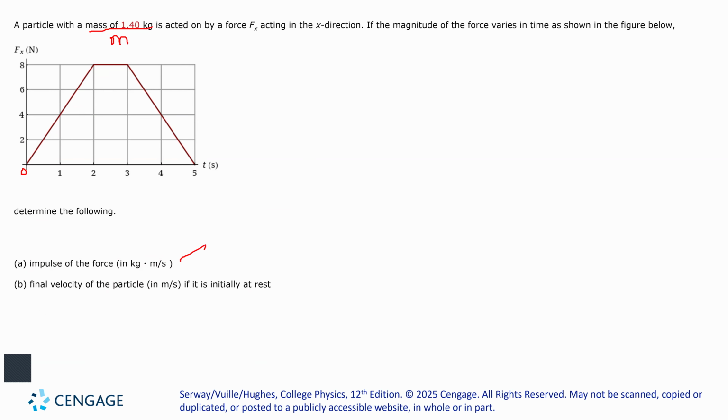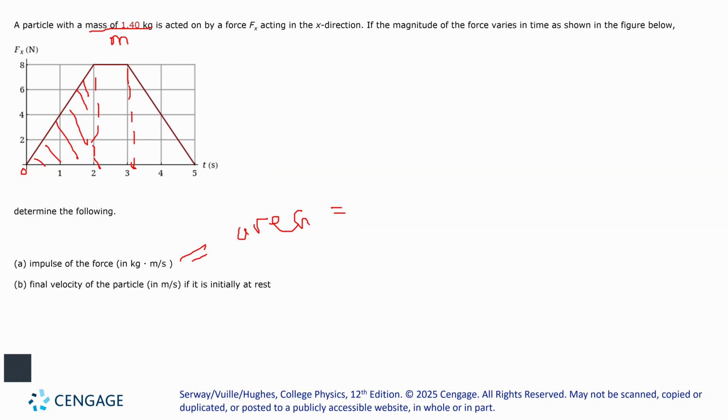So the impulse equals the area under the graph. And how do we estimate the area? We can count the boxes, or break this shape into easier shapes to deal with. We know that the area of a triangle is half base times height, and the area of a rectangular bar is base times height, and then we have another triangle.